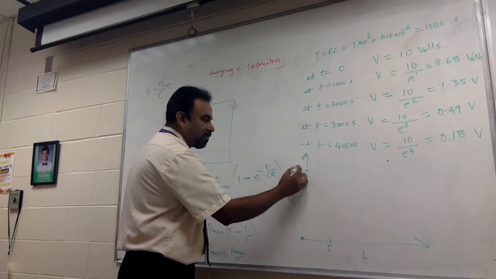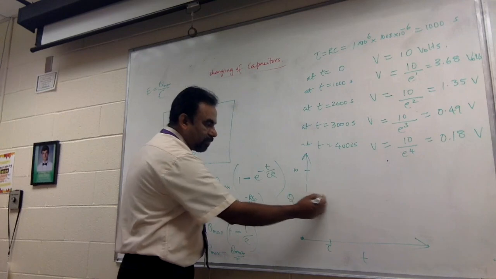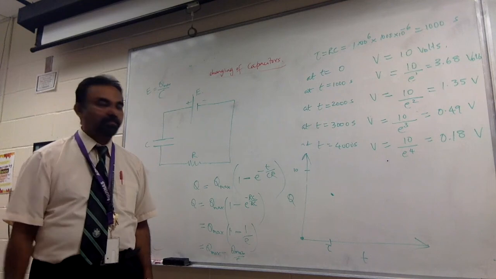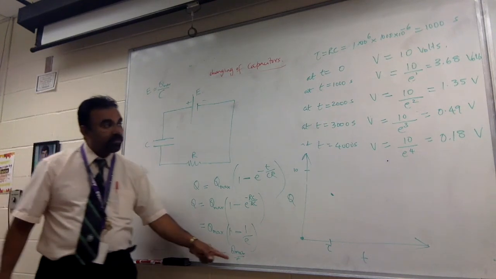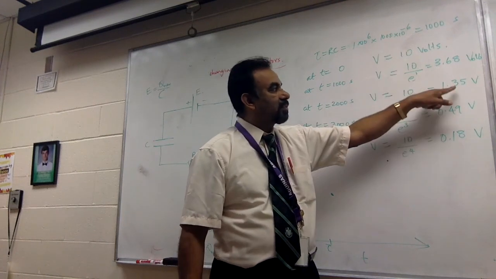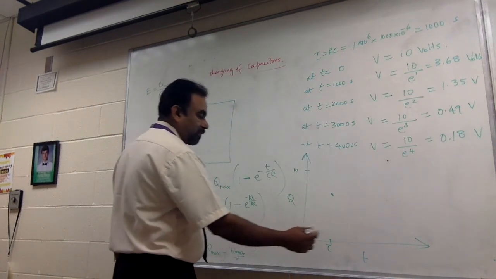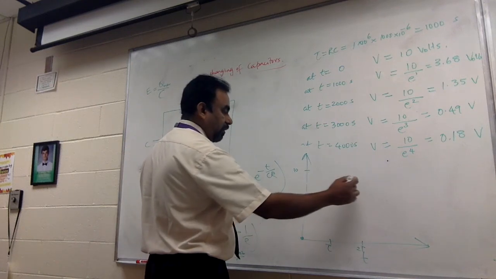Now that's a maximum of 10 volts. The charge builds up to 6.32. After two time constants, it's going to be 10 minus this. So it's building up further, somewhere here.